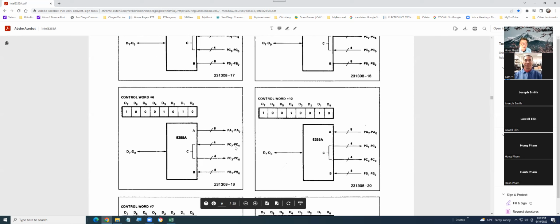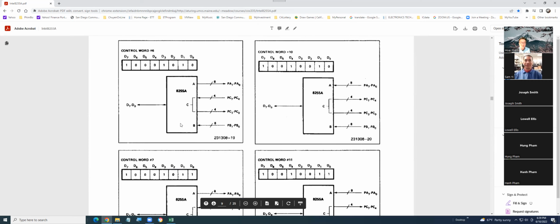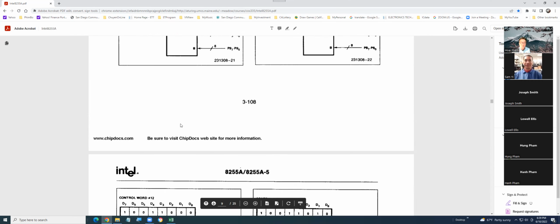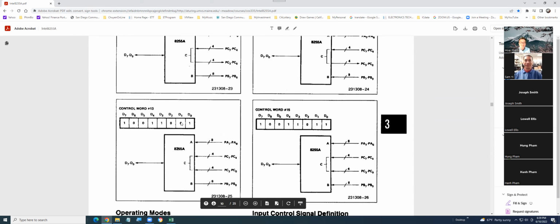Port C, 4-bit goes in, 4-bit goes out. Port B, 8-bit goes in. So depending on which port you want in or out, just use that control word in here. Okay? So that's the only thing we need to know.